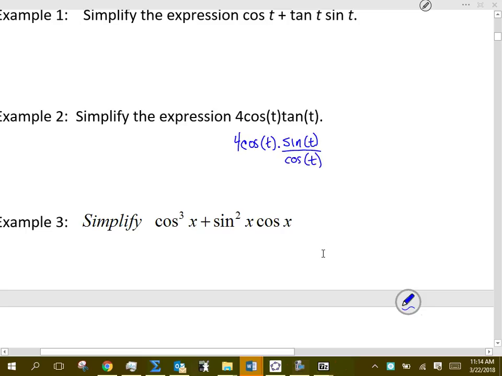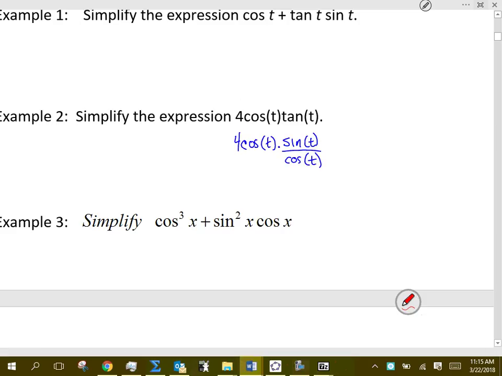Another thing that may be useful for some people is to realize that when I'm multiplying 4 by cosine t, cosine t is just a number. Is tangent t just a number? They're not all integers. 4 is an integer, but cosine t and tangent t are not.